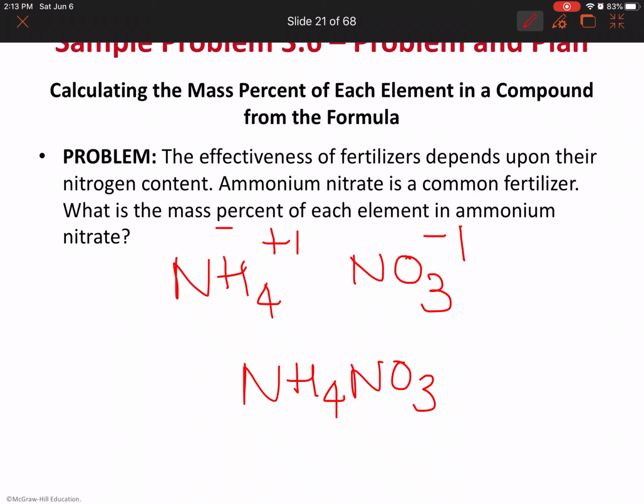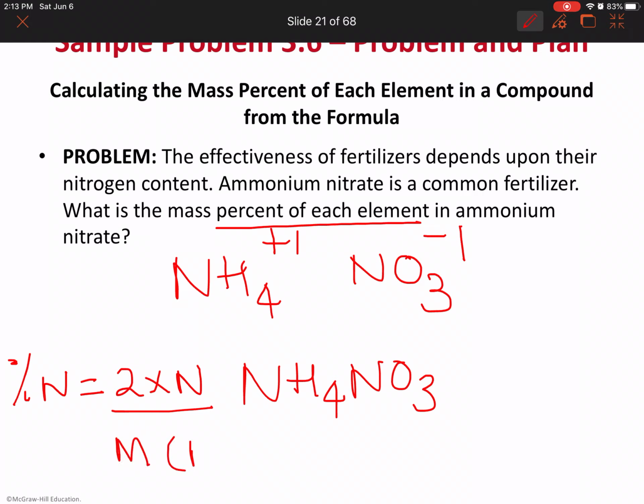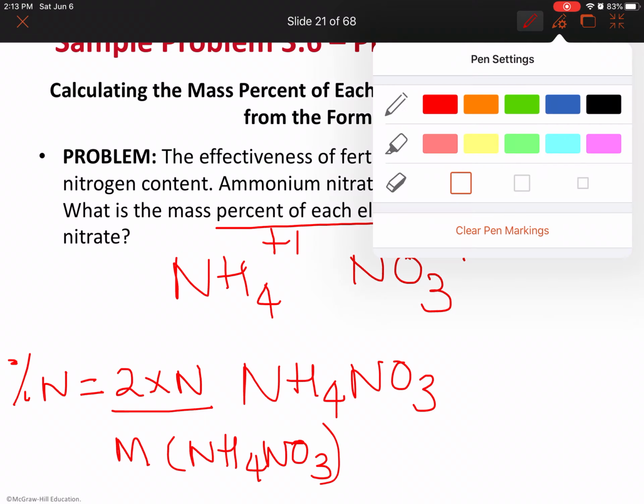We want to find the mass percent of each element. The nitrogen percentage would be: there are 2 nitrogens, 2 times the mass of nitrogen, divided by the molar mass of ammonium nitrate, and then you multiply by 100.